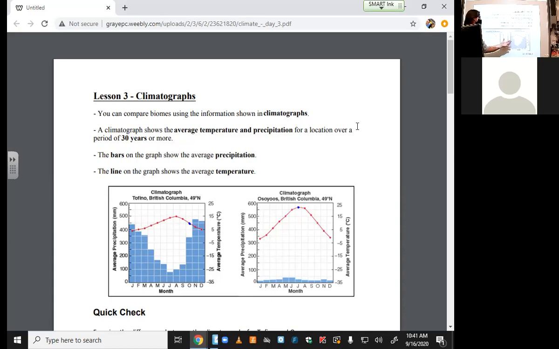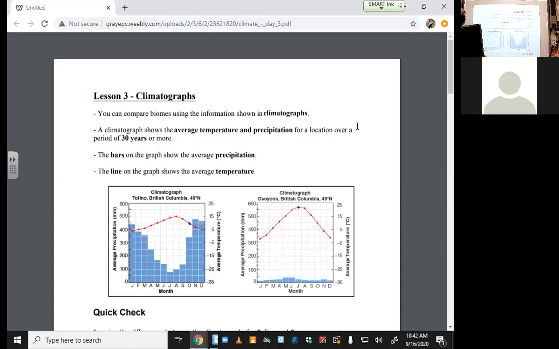This is probably more tundra, because the temperature never really gets above 22 degrees Celsius, which is about 72, 73, and you get down to about 0 in the wintertime. Then you have this area where you get a whole lot more rainfall, and the rainfall is seasonal as well. So just know what a climatograph is showing you: temperature and rainfall.